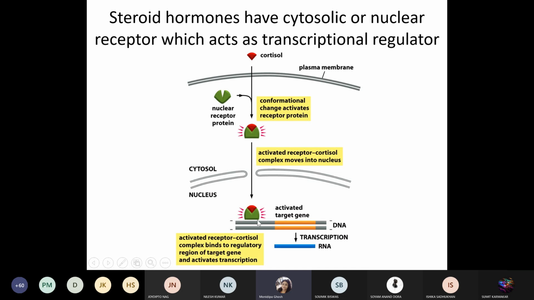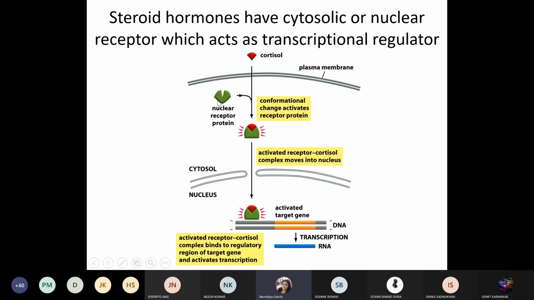Just outside the nucleus is the cytoplasmic space, and just outside the plasma membrane is the extracellular space. Everybody is understanding this cellular organization? Can you have this idea? This is inside the nucleus, this is outside the nucleus in the cytoplasm, and this portion is outside the cell.